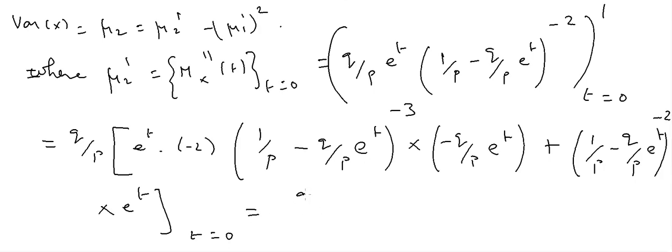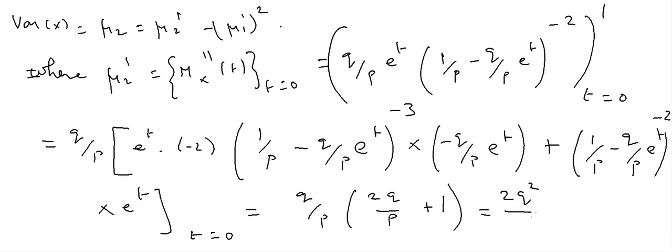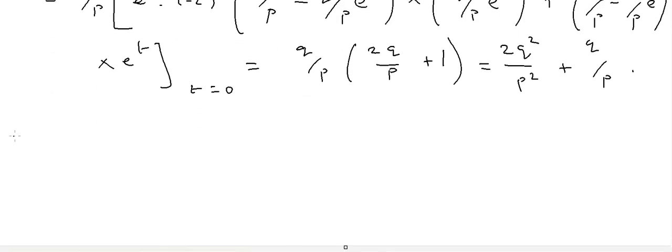That is equal to q by p, it comes as 2 times q by p plus simply 1. That is equal to 2q squared by p squared plus q by p. This comes. Okay, now we can simplify the format like this. Therefore, mu2 dash equal to (2q squared plus pq) by p squared.